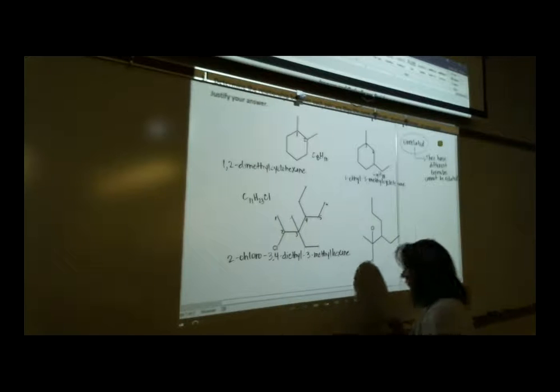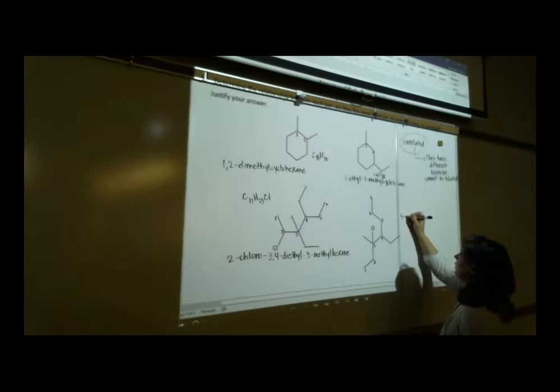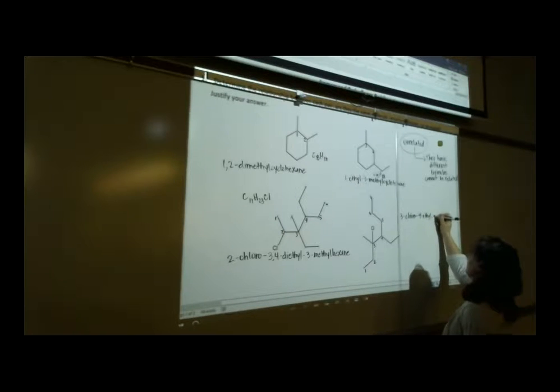All right, now let's slide over to our other contender. 1, 2, 3, 4, 5, 6, 7. 1, 2, 3, 4, 5, 6. So it's going to be a heptane, right? Let's name it. This is going to be 3-chloro, what? 4-ethyl-3-methylheptane.